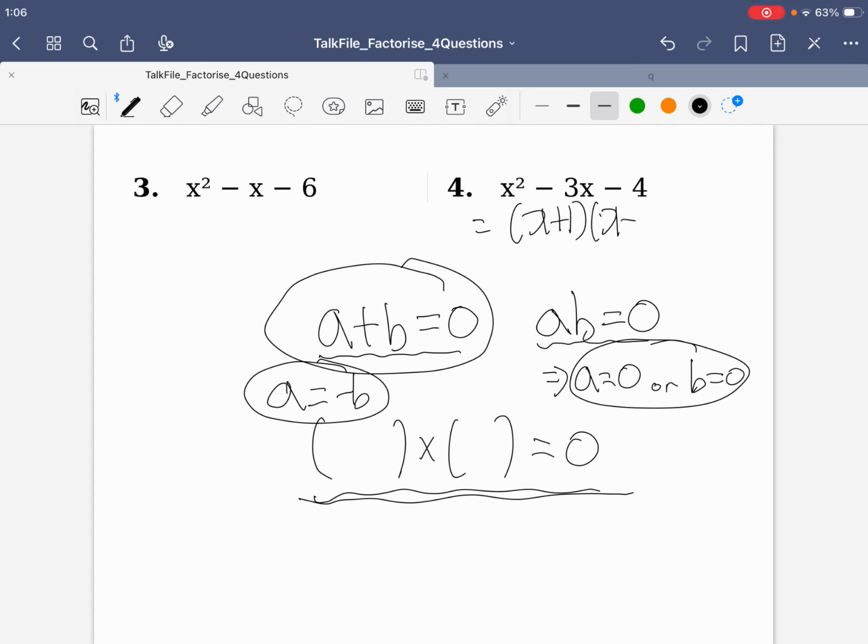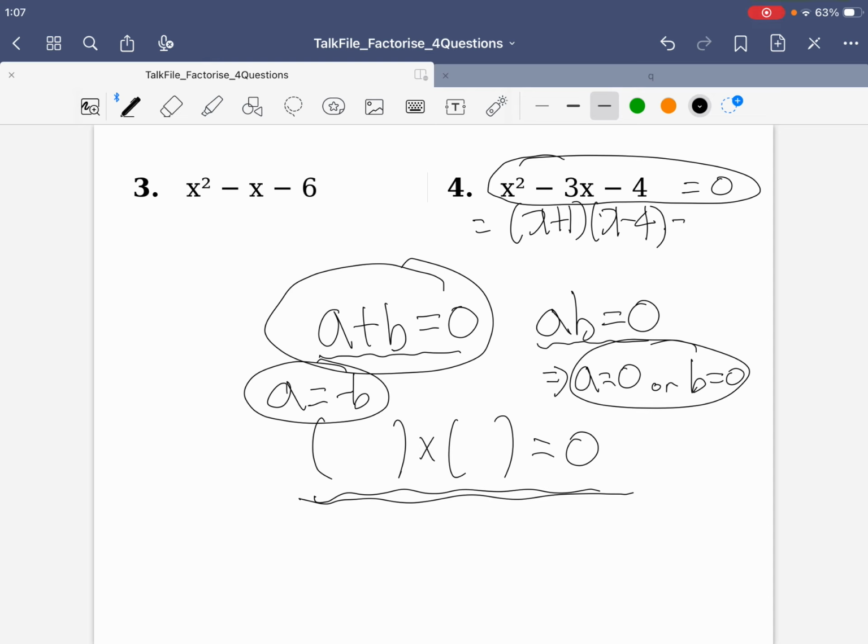So we change this one into x plus 1 times x minus 4. And imagine this equals 0, and we want to find the value of x that satisfies this equation. If you only know x squared minus 3x minus 4 equals 0, it's really difficult to know anything from this equation.